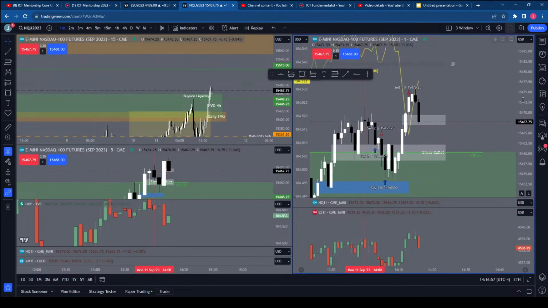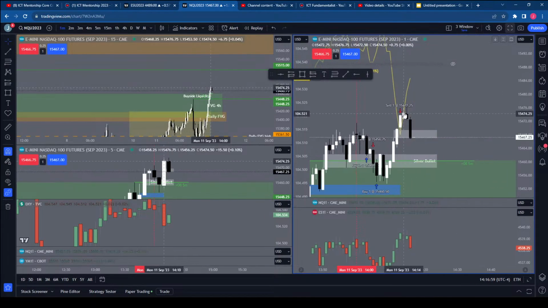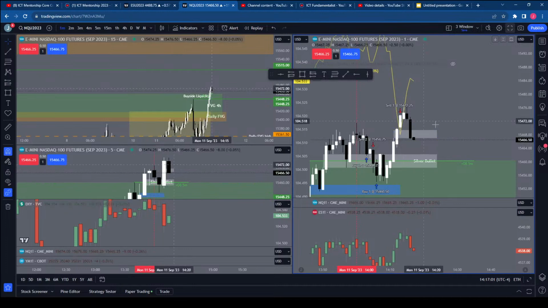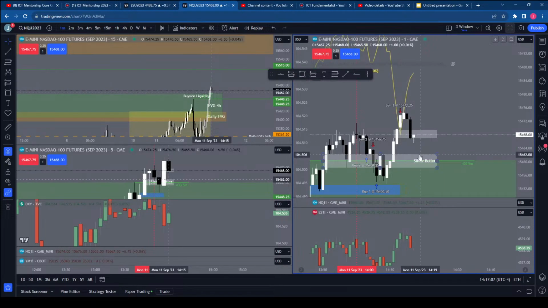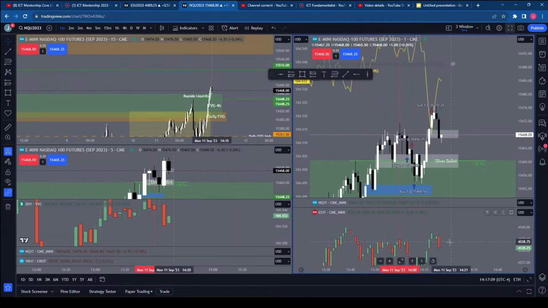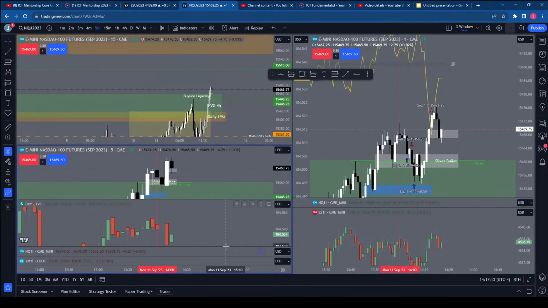Right now we'll see if, okay. Like I said, I could see it coming back down and tapping this one more time if it wanted to go higher, but ES couldn't make that higher high, as you can see.